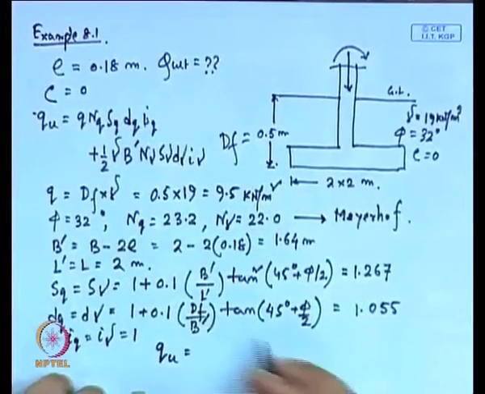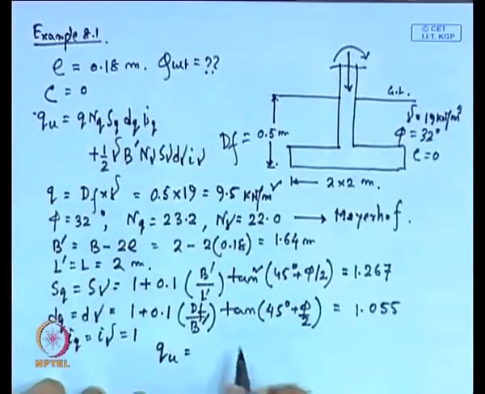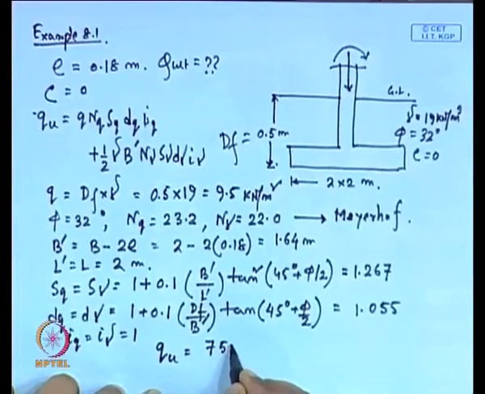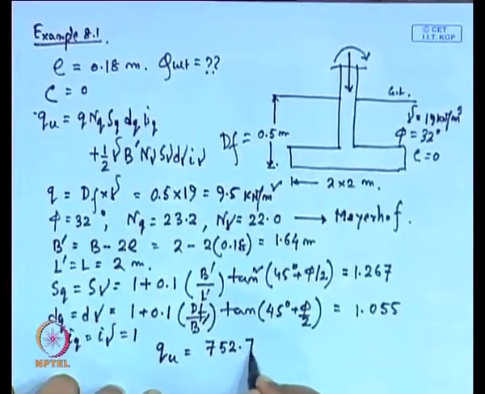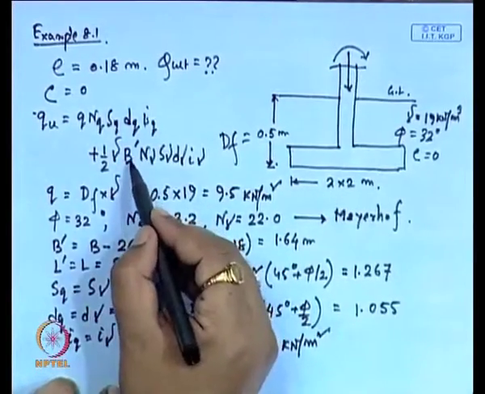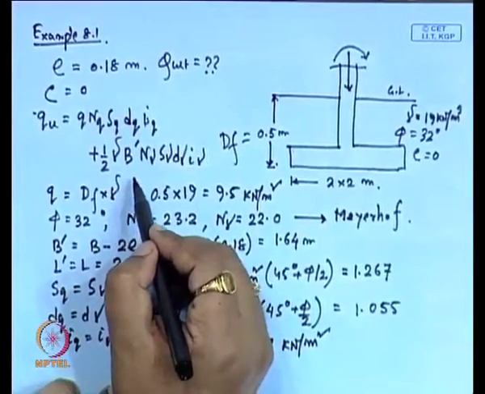Once we put all the values in this expression, we get q u coming 5752.767 kilonewton per meter square, because this B dash is put as 1.64 meter.